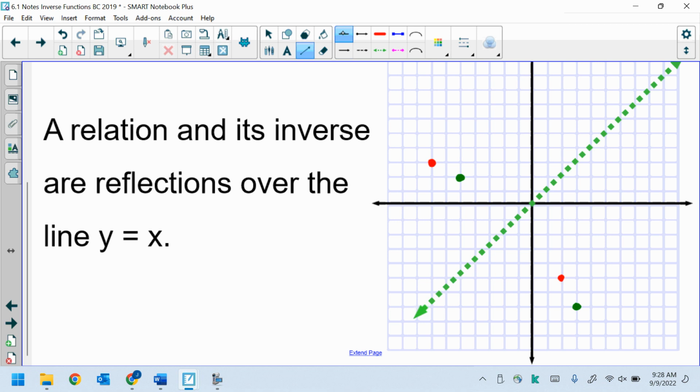In other words, if I drew a line from a point to its inverse, do those look like reflections? Does it look like if I folded this paper on this y equals x that those guys ought to match up? What about these guys? Probably should have picked some things that were a little further apart. But yeah, those look like they are reflections over y equals x.